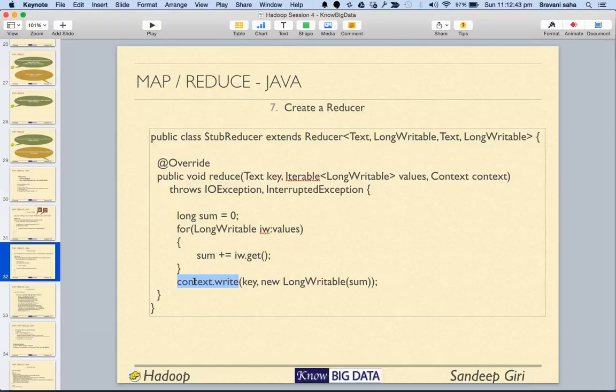If you print something here using your usual System.out, all those print statements, debug statements, or log statements will go into the logs, and you can look at those logs using the interface which we have shown you. That interface will be available on the URL which is given out by MapReduce when it starts. So this is your reducer.